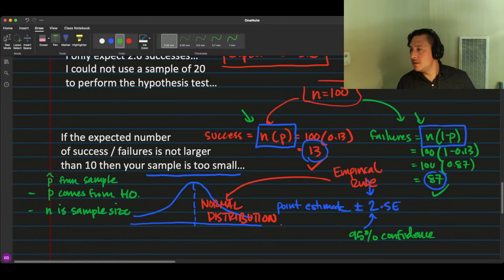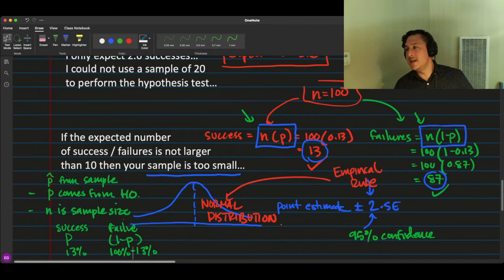Well, there is no 1, but there is a 1 minus p. P is the probability of success, and so the failure is the remainder. So if you have 13%, the remaining amount is 100% minus 13%, and that's the same as 1 minus p.